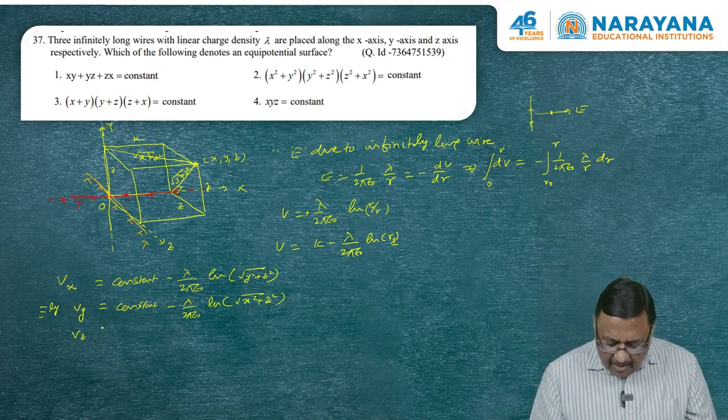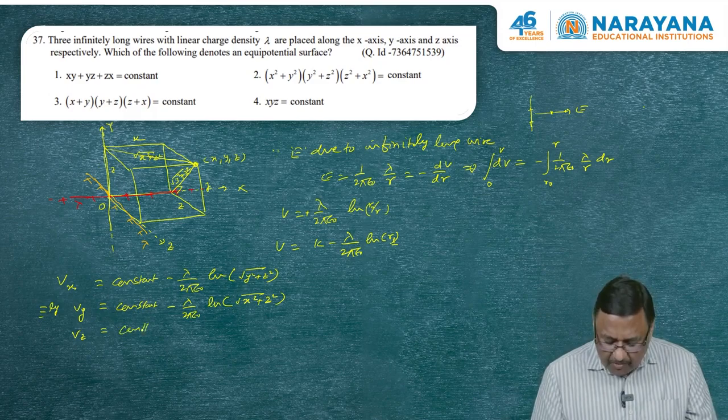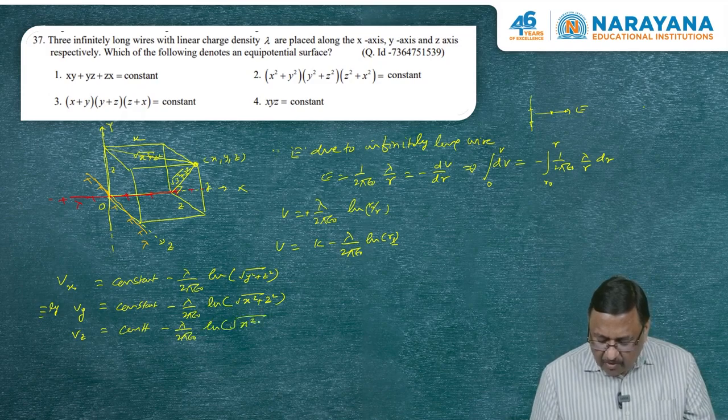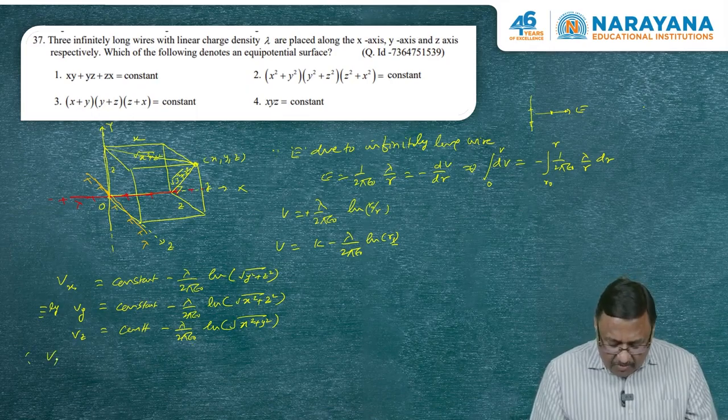Likewise, I can write my V due to the wire kept along the z-axis: the same constant minus lambda upon 2 pi epsilon 0 into log of under root of x square plus y square. So what is my net potential at position x, y, z? I can add all these things.